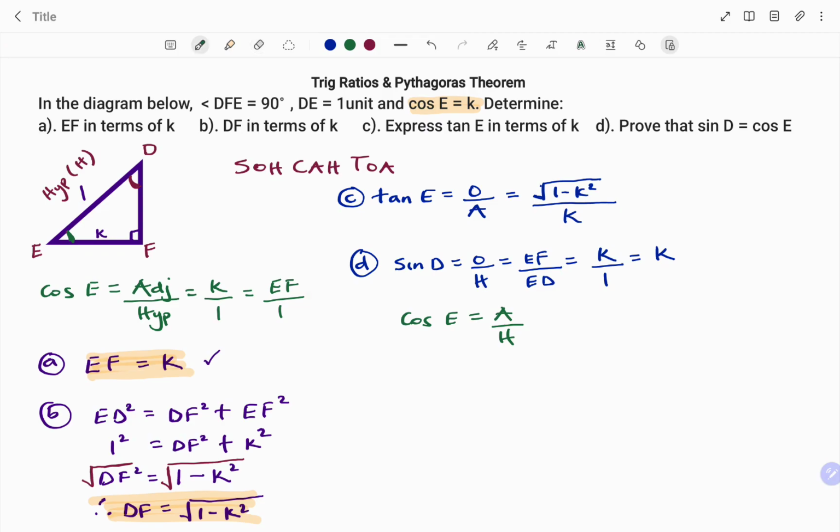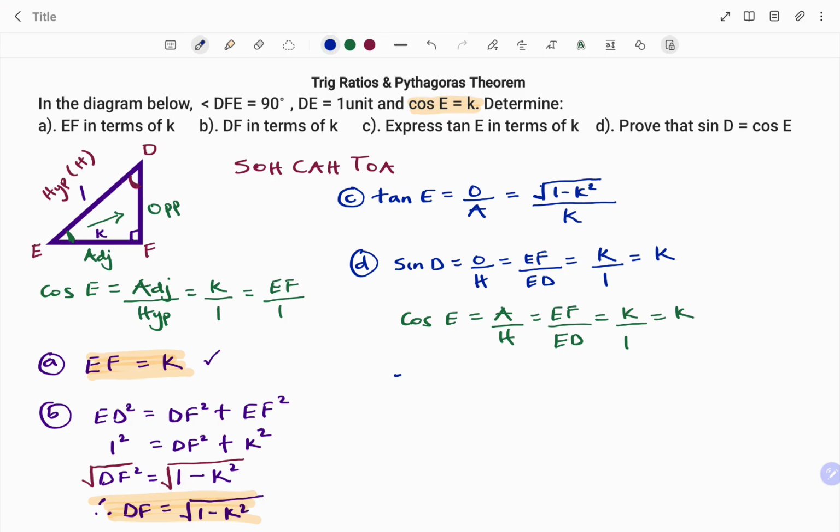So the side facing the new reference angle will be my opposite. The last side is my adjacent. Because cos is adjacent over hypotenuse, I have that as EF over hypotenuse ED. And EF on the diagram is K over ED 1, which is K.